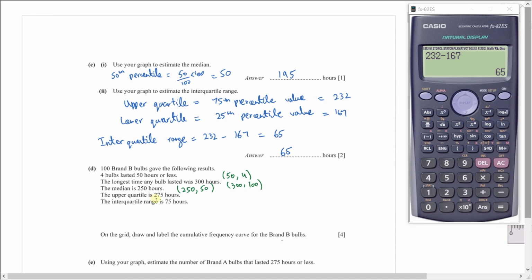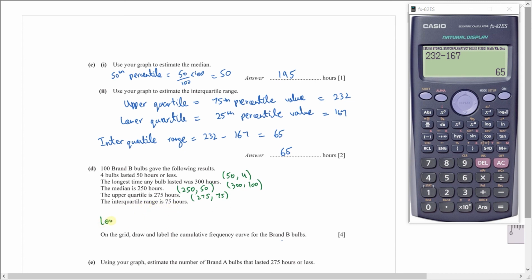Your upper quartile is 275 hours, and your upper quartile is at the 75th percentile. So 75th percentile of 100 is 75. And then the last point is your interquartile range is 75 hours.